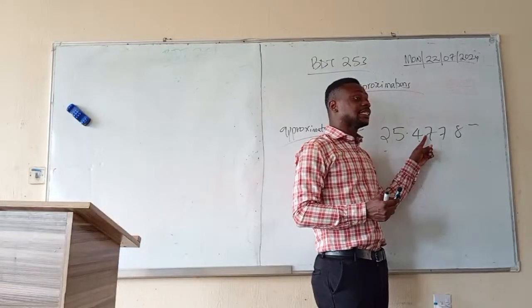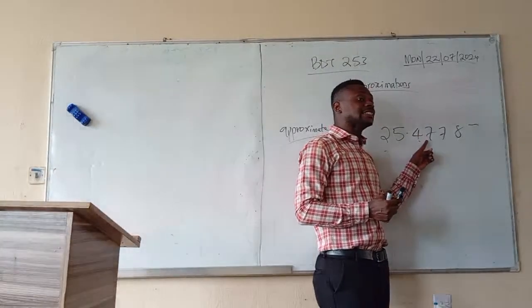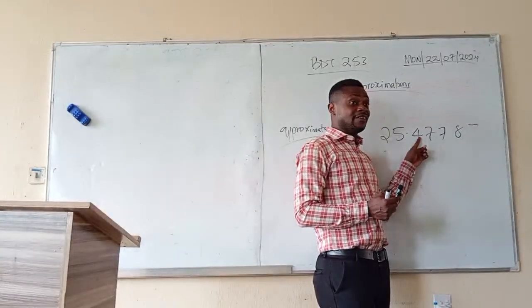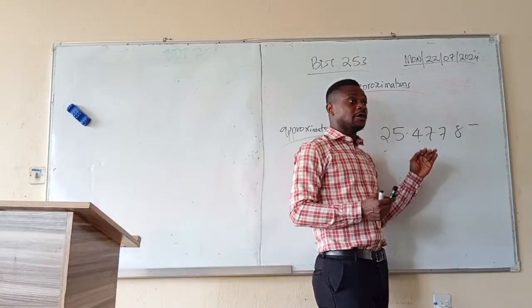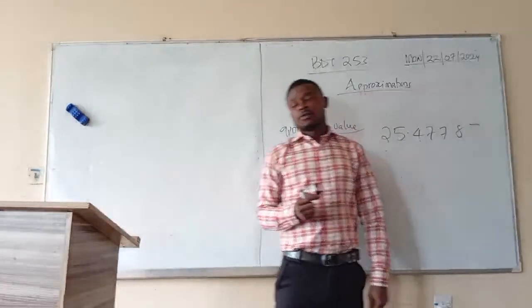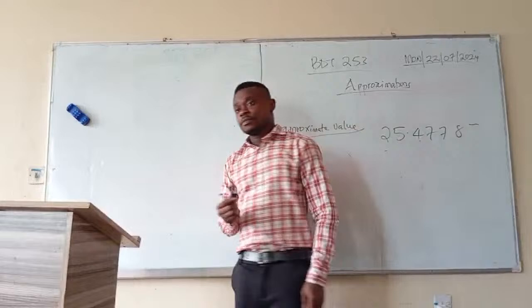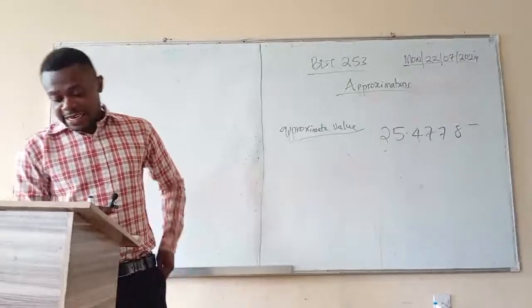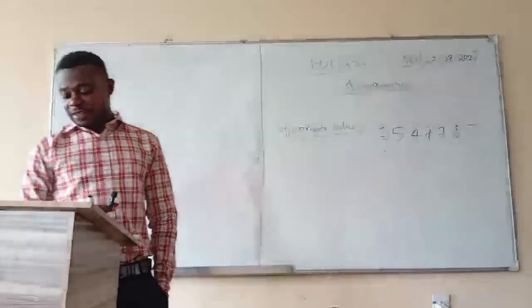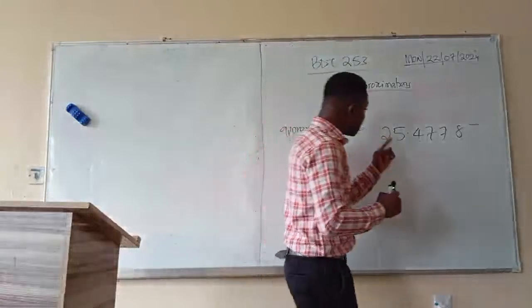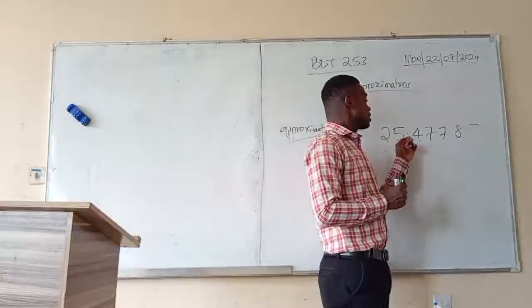If the digit next to the right of the digit you want to round is less than 5, from 4 down, you round down. So in rounding down, we are talking about round down now, the next digit to the right of the digit being rounded.